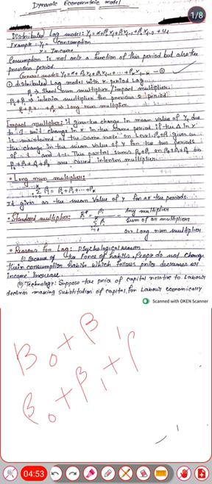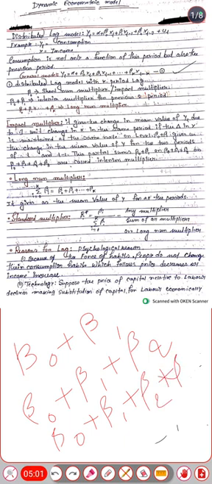The partial sums, that is beta naught plus beta 1, or beta naught plus beta 1 plus beta 2, or beta naught plus beta 1 plus beta 2 plus beta 3, are called the interim multiplier.